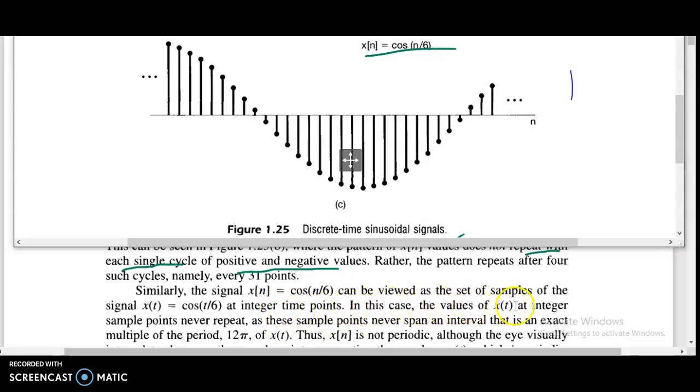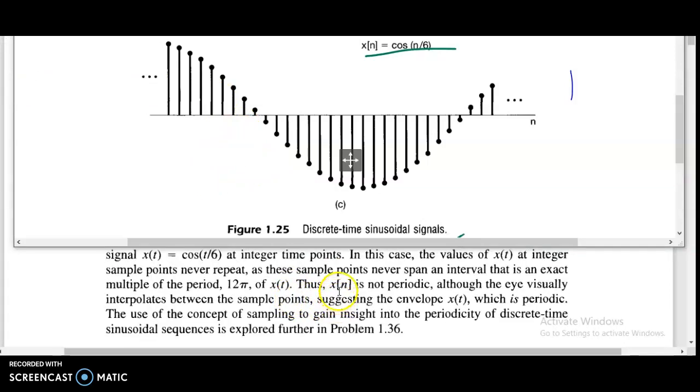In this case, the values of x of t at the integer sample points never repeat, as these sample points never span an interval that is exactly a multiple of the period 12 pi of x of t.